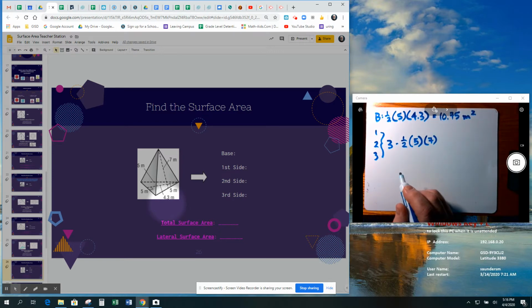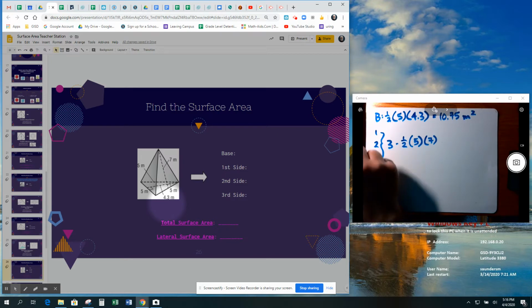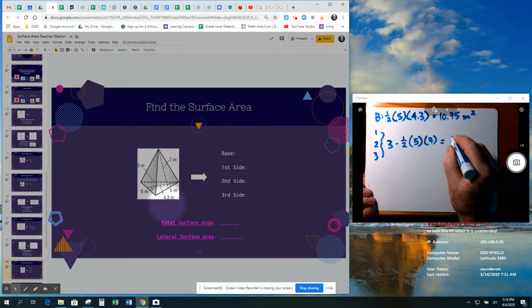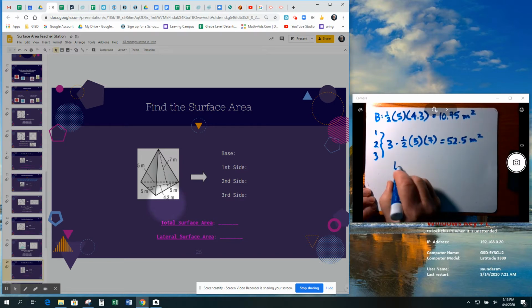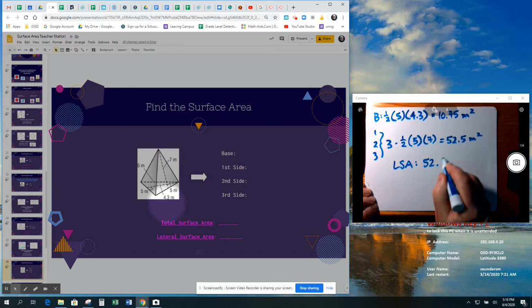So 5 times 7 is 35, times 3, so let's use our calculator. 35 times 3 equals 105, divided by 2, 52.5 meters squared. And so our lateral surface area is just the 3 sides, not including the base. So lateral surface area is 52.5 meters squared.